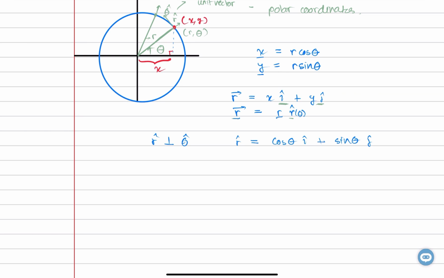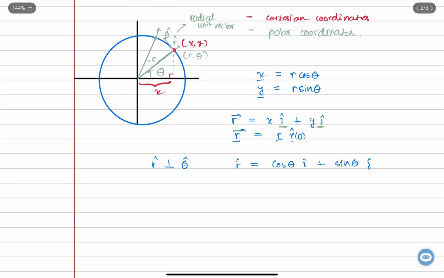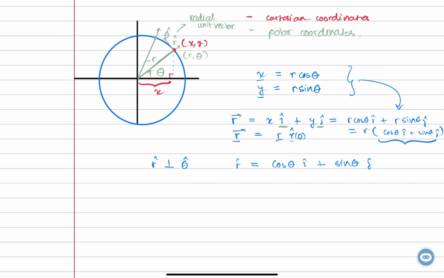It's because the position vector r is given as x i hat, which is r cos theta i hat, plus y j hat, which is r sine theta j hat, where I'm using these two to arrive at this. And then I can factor out r and write it as cos theta i hat plus sine theta j hat, and this is exactly my r hat vector, right?